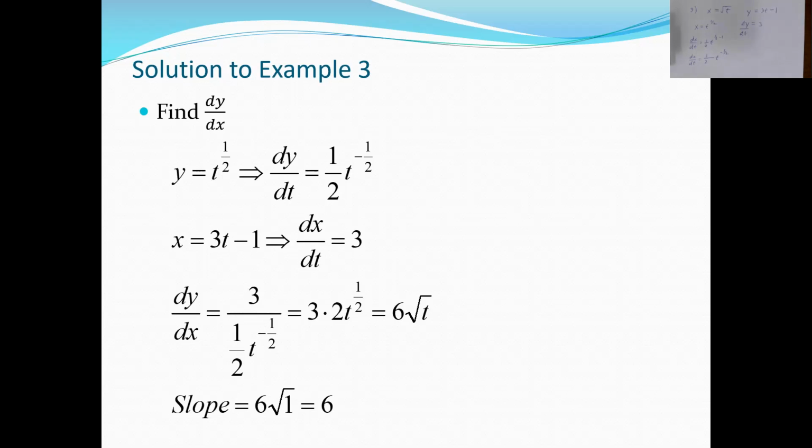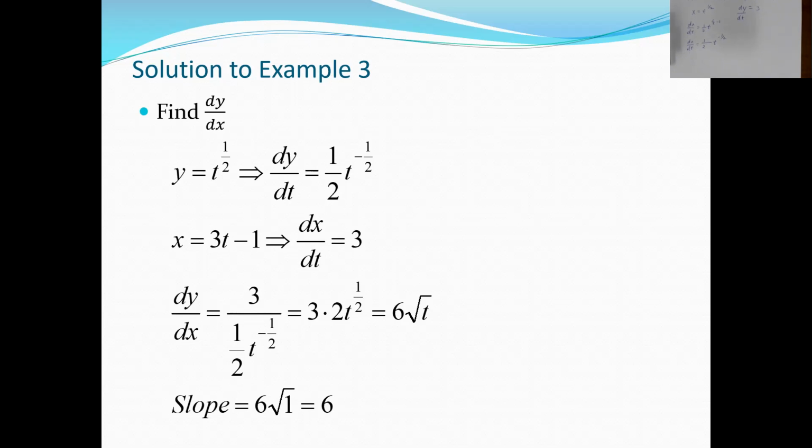I did not switch it back to a positive exponent because we've got to plug it in the formula. It's actually easier just to keep it as a fractional exponent and then switch it later.